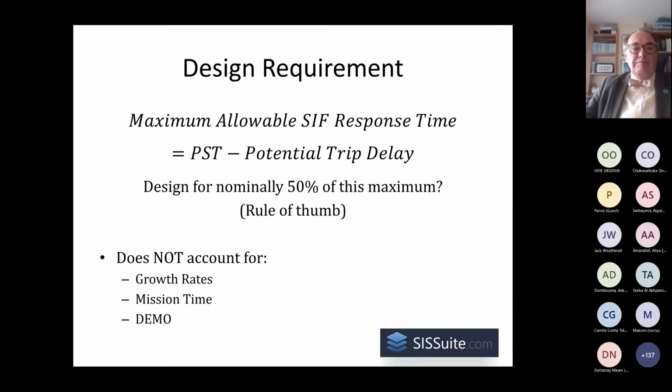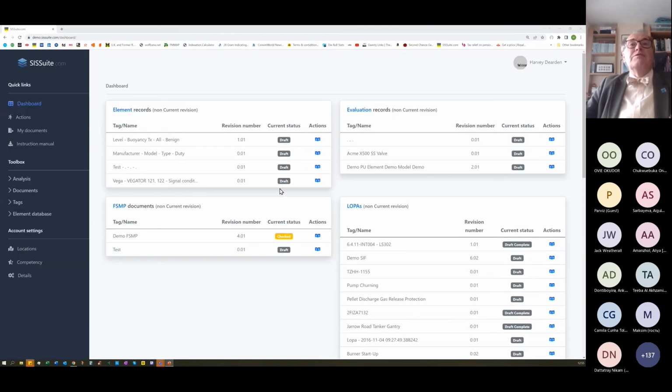To illustrate the point, I'm hoping now to be able to switch to this software tool called SysSuite, which is a set of software tools for management of the functional safety lifecycle.